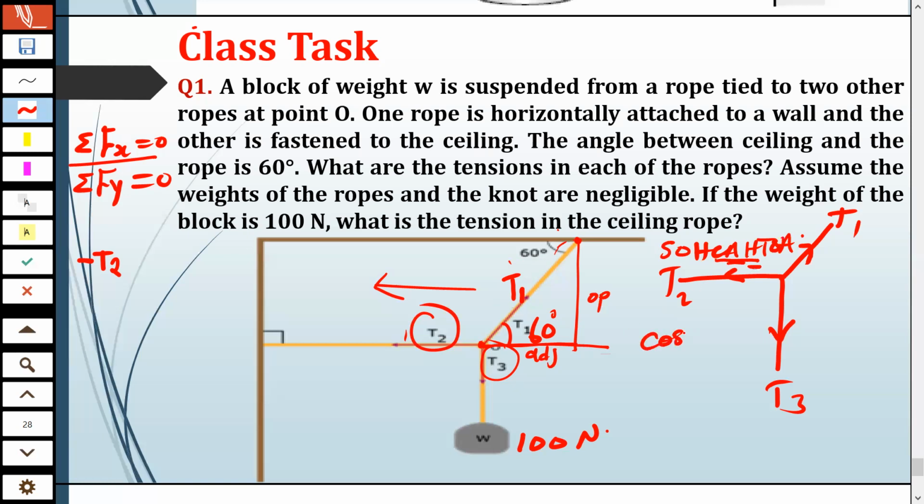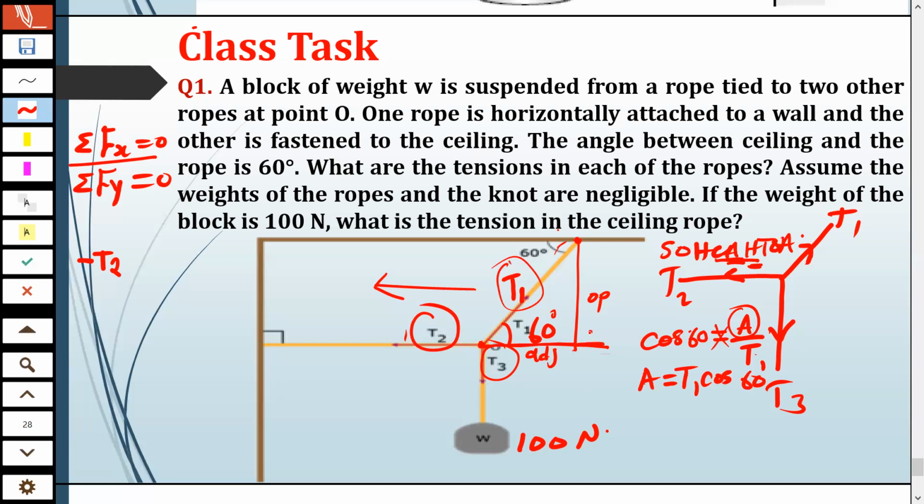So we say cos 60 is equal to the adjacent over the hypotenuse. So the adjacent over the hypotenuse has been given, which is T1. So we cross multiply here to find the adjacent, which is the X component of T1. So the adjacent is therefore going to be T1 times cos 60. This will be T1 cos 60. So T1 cos 60 is the one that we're going to put there.